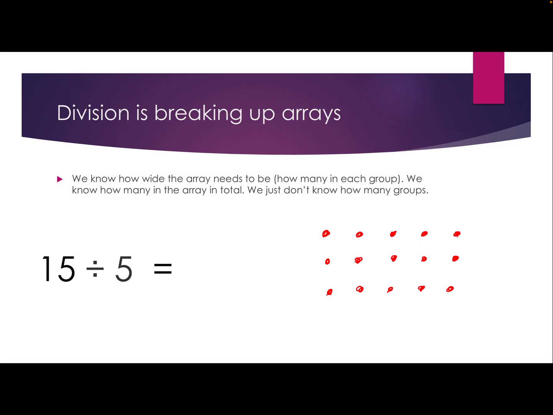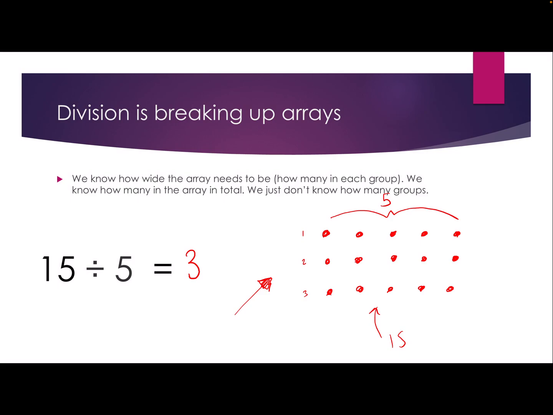I've used up 15. Excellent. So I was able to give 1 person, 2 people, 3 people 5 things each. So 15 divided by 3 is 5. I knew how wide the array was, and I knew it was going to have 15 in it. I had to work out this bit here.